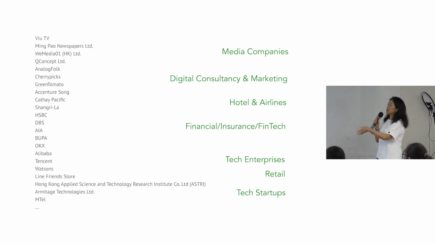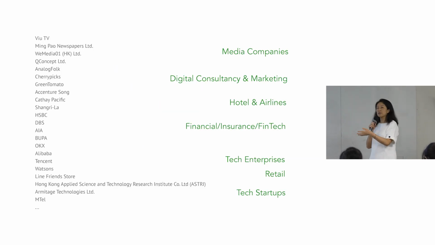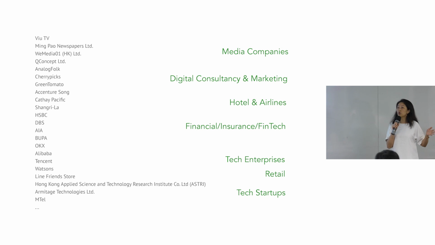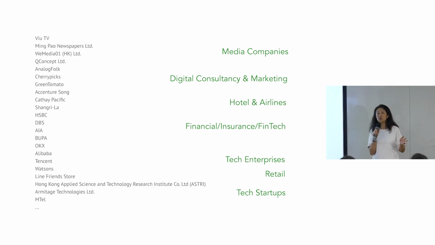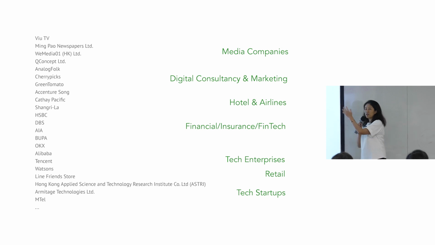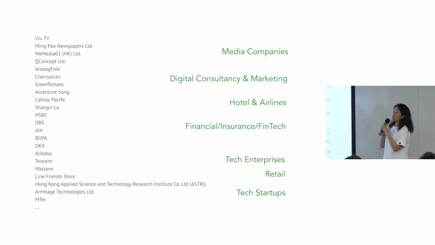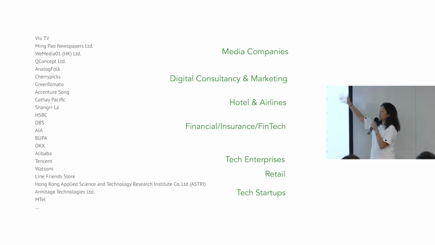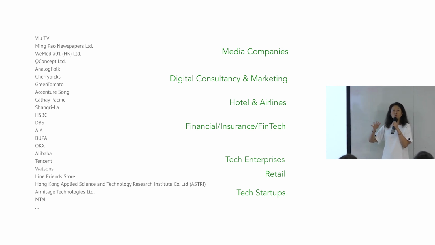And the list goes too long because our program traced back to the old program called Interactive Media, which ran for 11 years already. So we already have 11 cohorts. And then I cannot exhaust all the company names, but just a gist of it. So they pretty much scattered around these sectors, quite widespread.